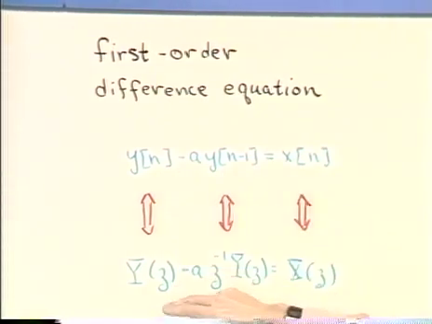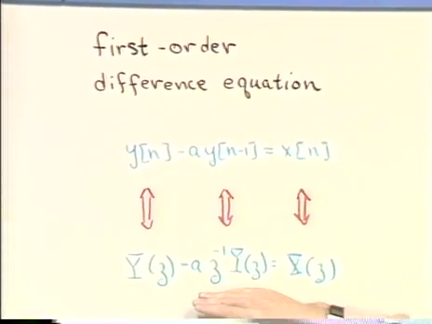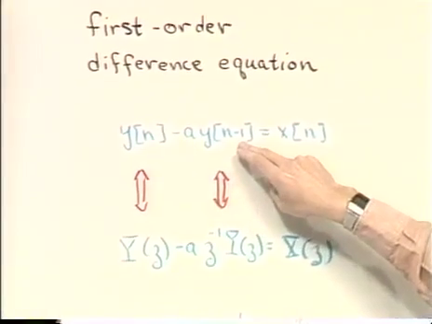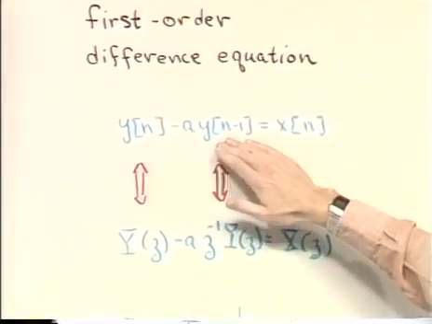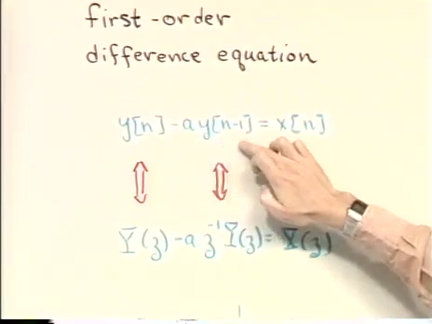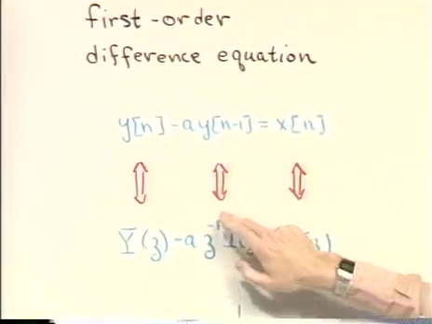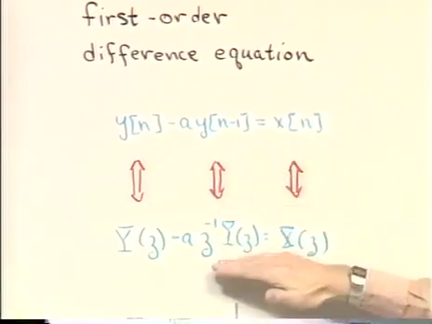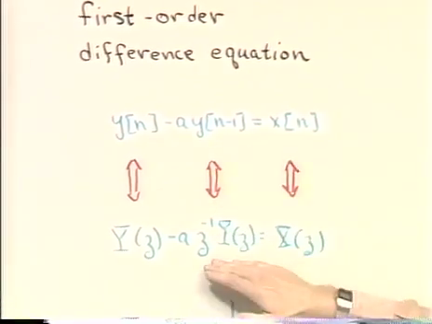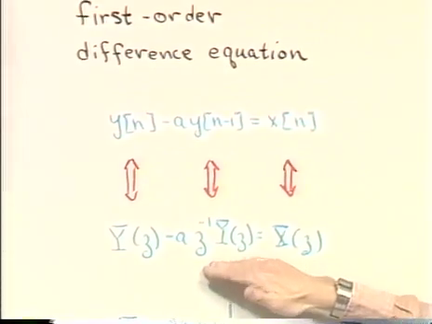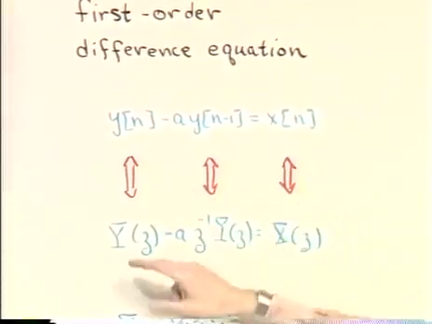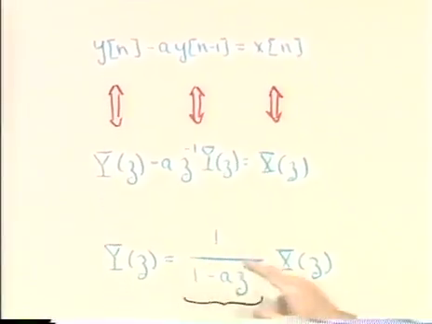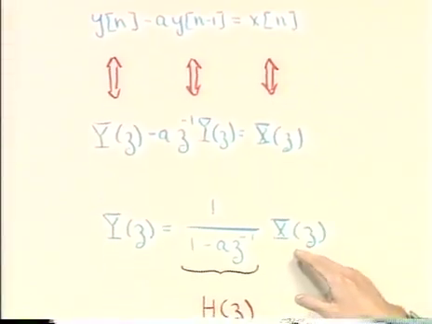Using those properties together with the shifting property, the property that tells us that the z-transform of y of n minus 1 is z to the minus 1 times the z-transform of y of n, we then convert the difference equation to an algebraic expression, and we can solve this algebraic expression for the z-transform of the output in terms of the z-transform of the input.